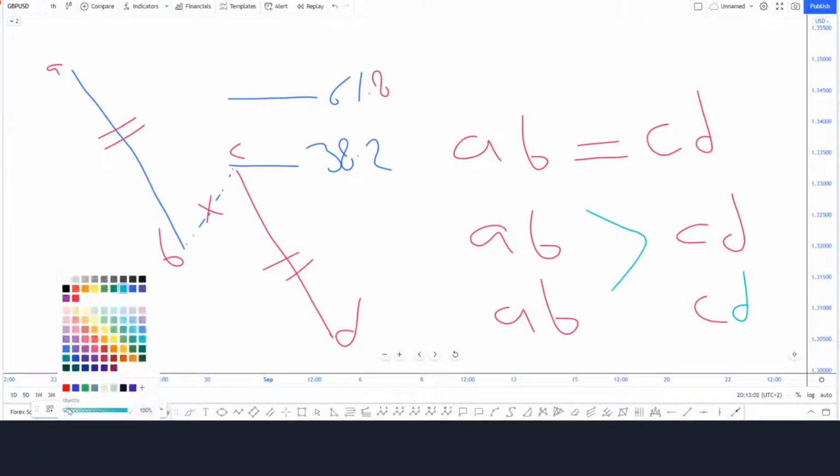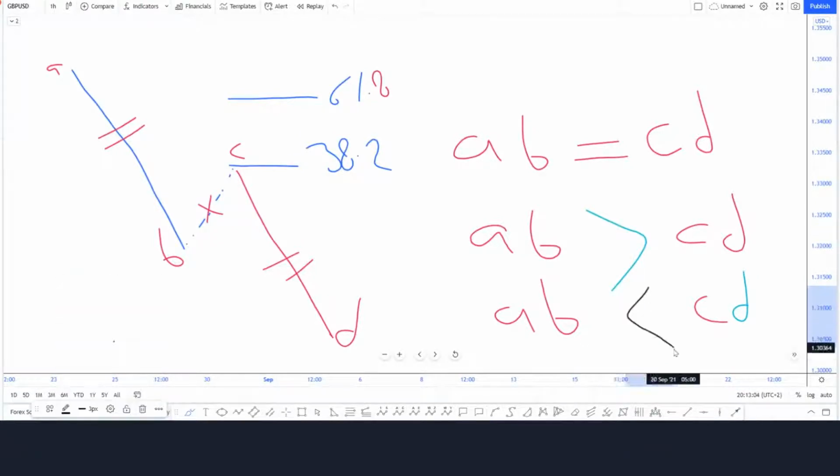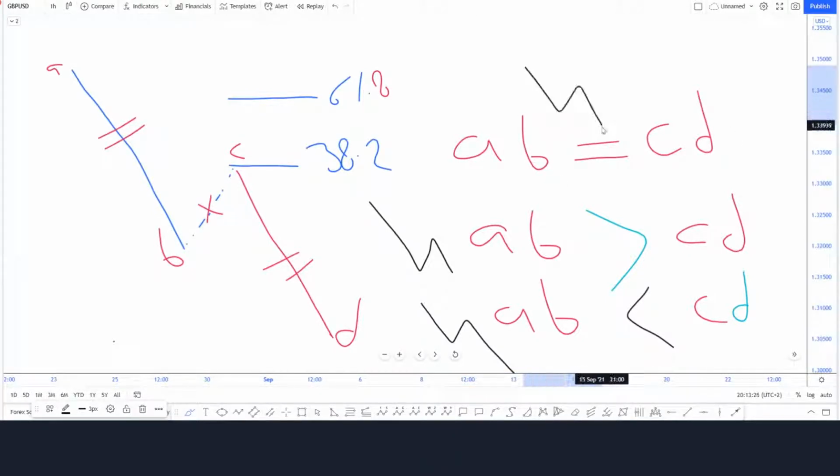If AB is bigger, you have something big like this, then a correction, then a small wave like this, and that's A, B, C, D. Sometimes AB is shorter, so you have AB, then a correction, then a bigger wave to the downside like this. When both of them are equal, it's just like this scenario. So you have AB equals CD, AB larger than CD, and AB less than CD.